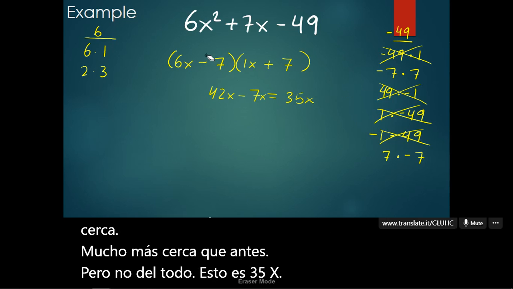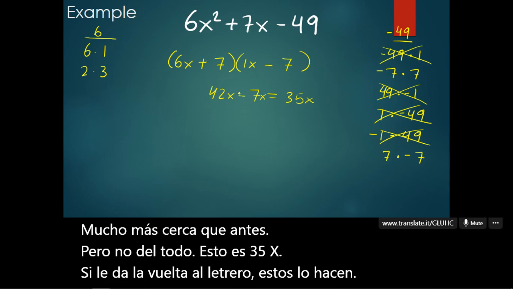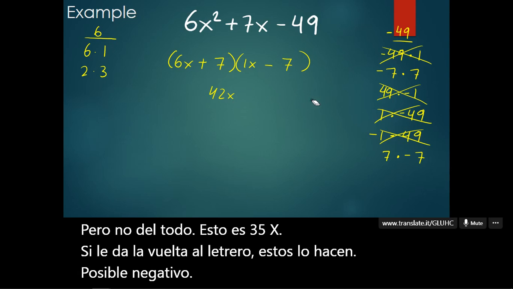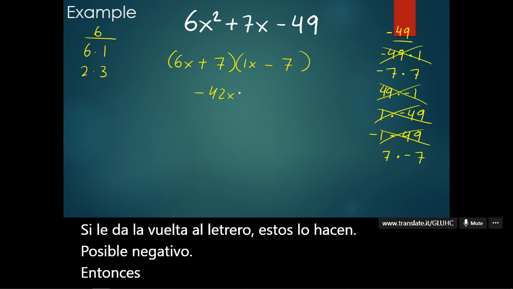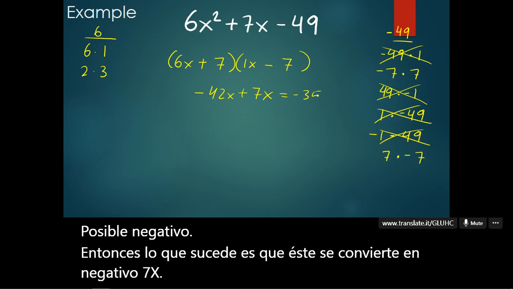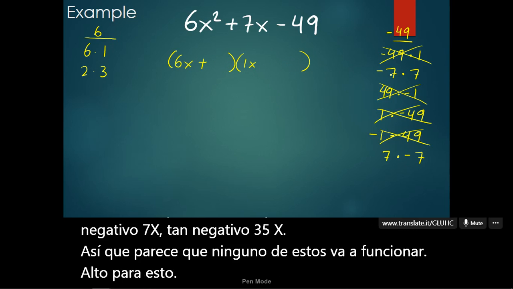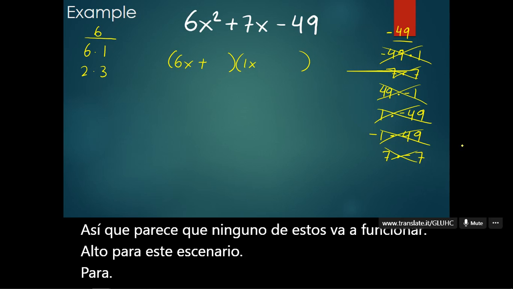If I flip the sign on these, make that one positive and the other negative, then this one becomes negative 7x. So negative 35x. So it seems like none of these are going to work for this scenario. So that means none of them worked, okay?